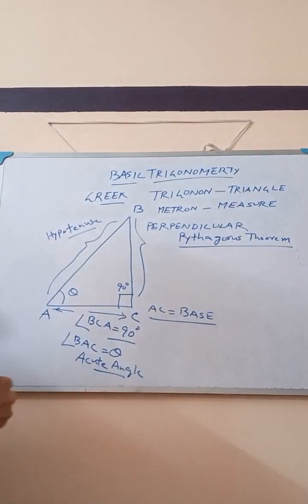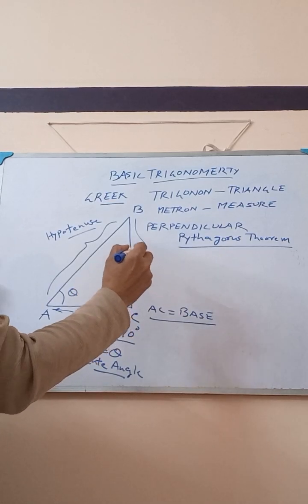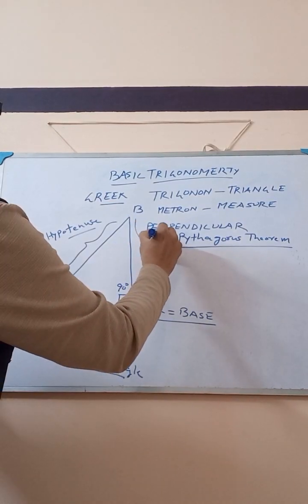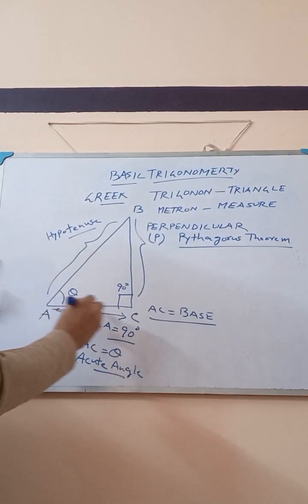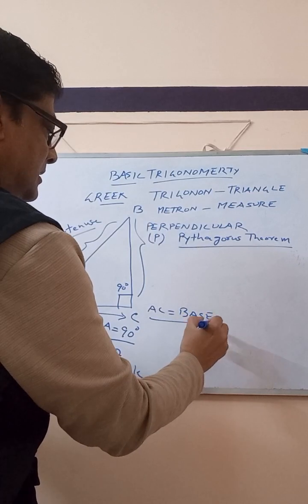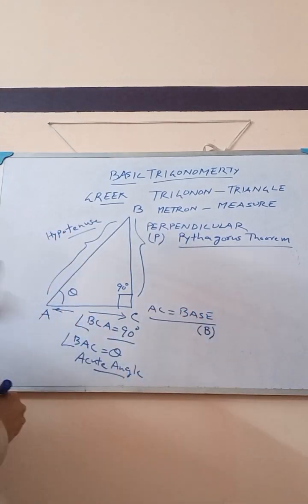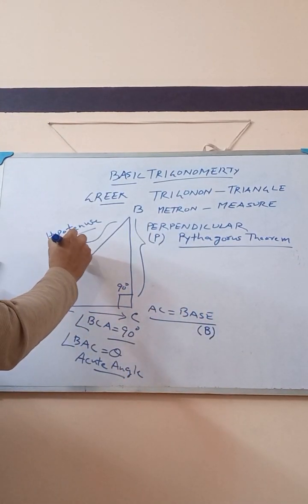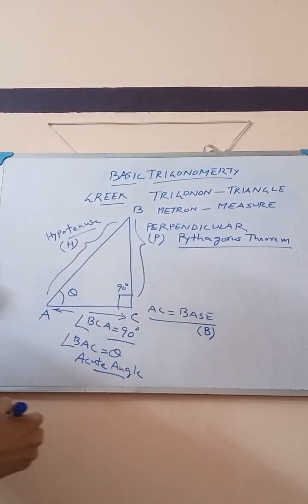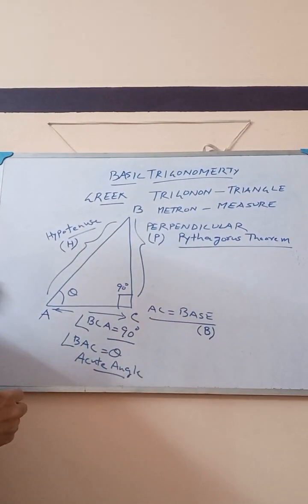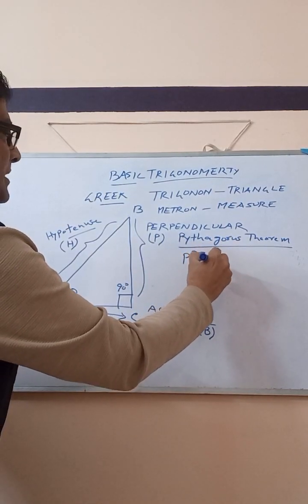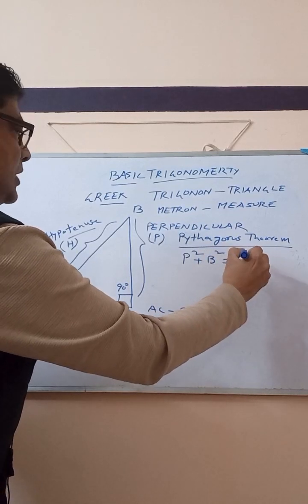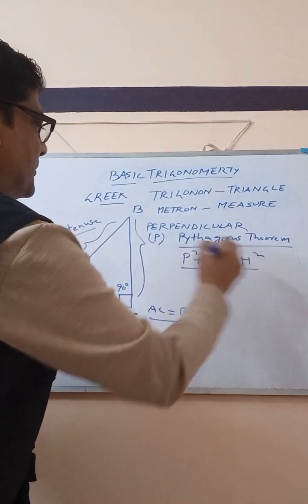Now, according to Pythagoras theorem, this is perpendicular, say it's P. This one is the base, let it be B. And this is the hypotenuse, let it be H. So, according to Pythagoras theorem, perpendicular square plus base square will be equal to hypotenuse square.